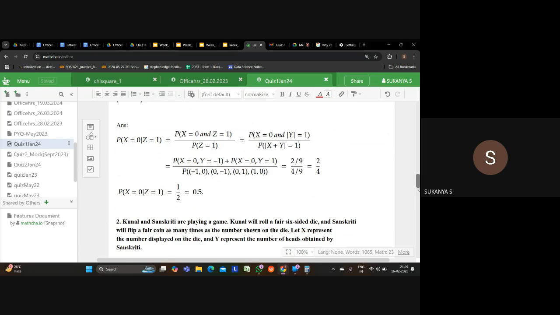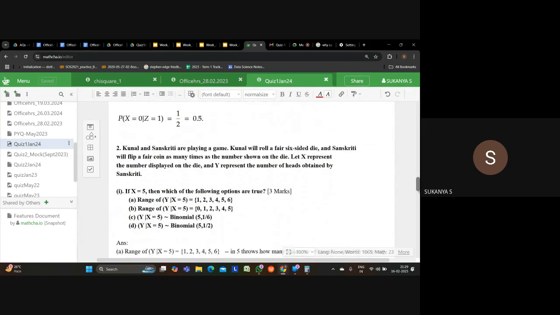What is the next one? Kunal will roll a die and Sanskriti will flip a coin. X represents the number on the die and Y represents the number of heads obtained. If it is given that X is equal to 5, then which of the following? She'll flip the coin depending on the number obtained on the die.